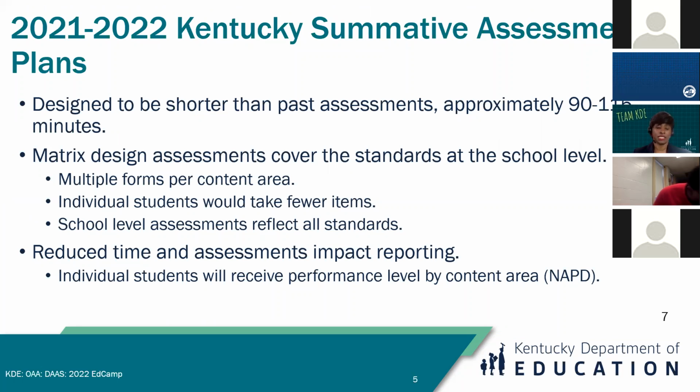Some things that we did last year as a result of the pandemic and the waiver, we will see now in the 2021 through 2022 testing plan. We've heard that it seems to work, so we're looking at having a shorter test. The test will be approximately 90 to 115 minutes.